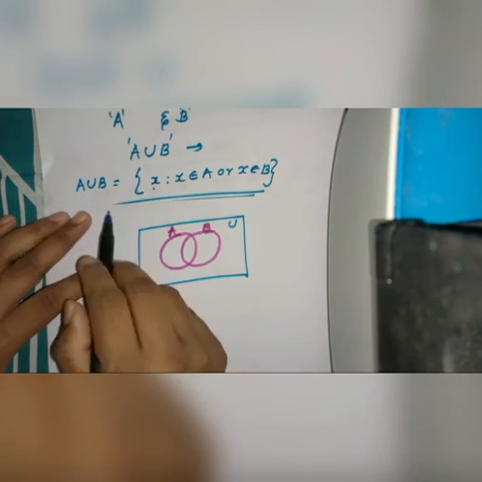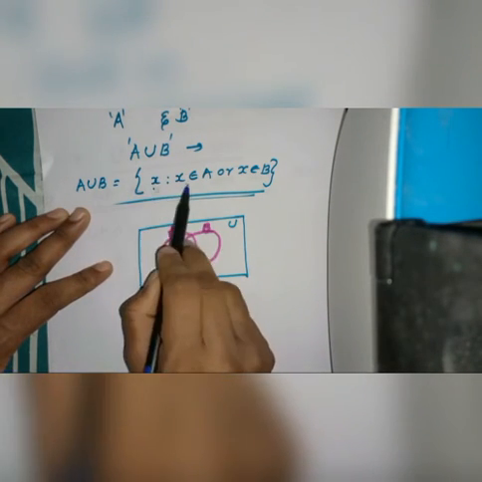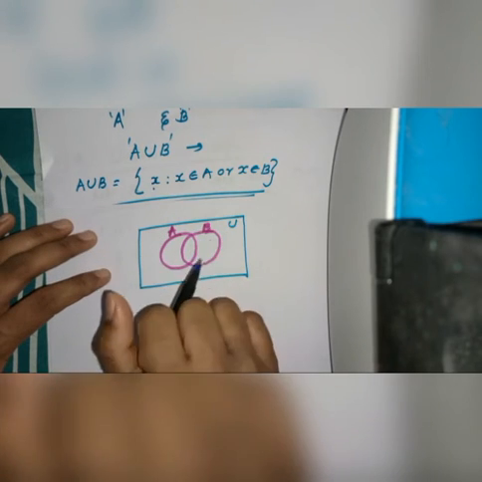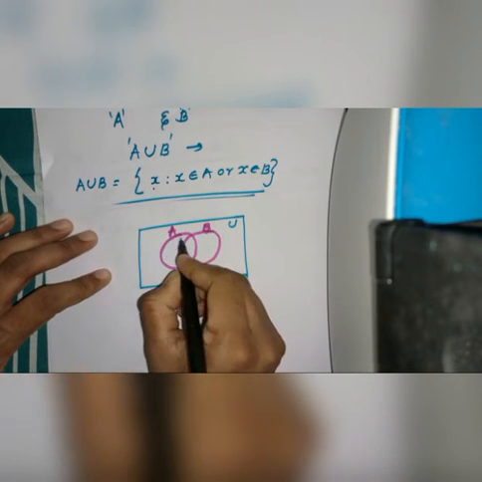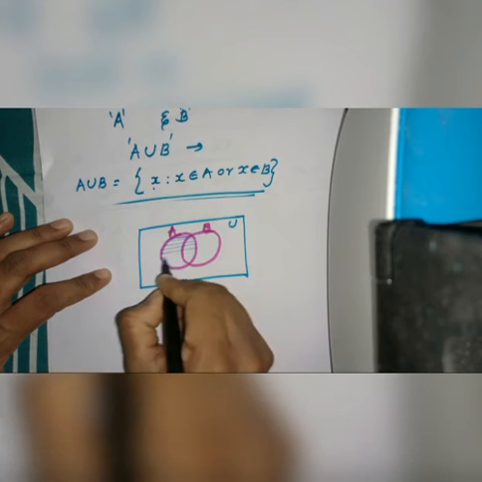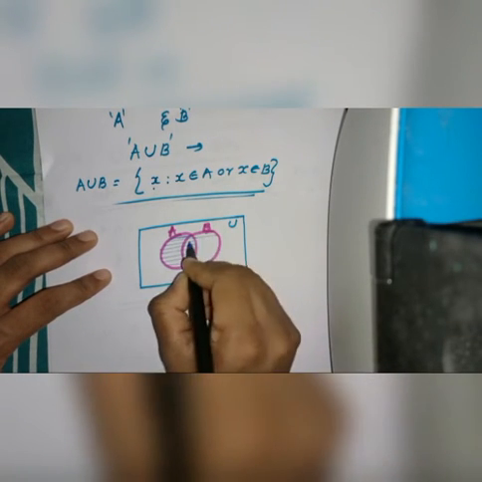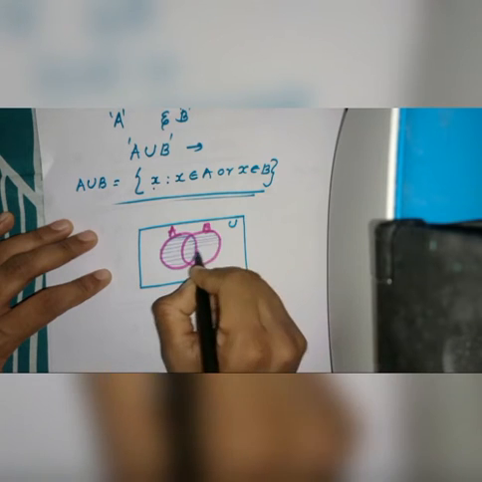From the definition we can say that A union B is a set consisting of all the elements of A, that means all the elements of A, which we shade, and also all the elements of B. Clear?